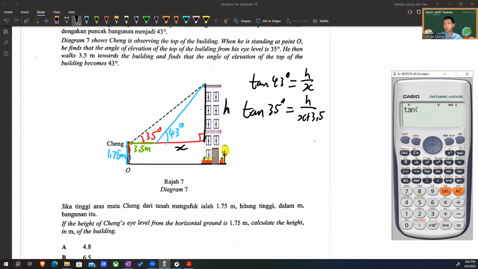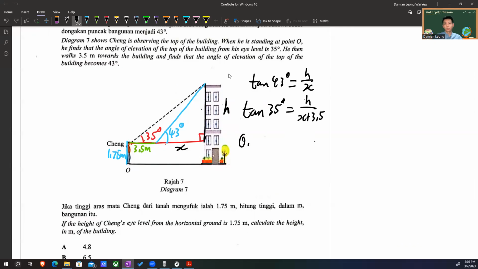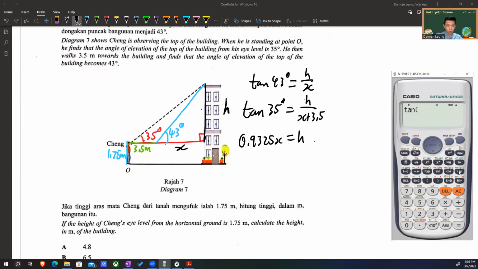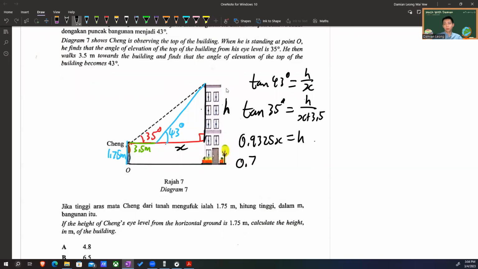So let's do that. If I use degrees, make sure the angle is in degrees. If I take tangent 43, there will be 0.9325x. This one bring up, tangent 35 is 0.7 times x plus 3.5.